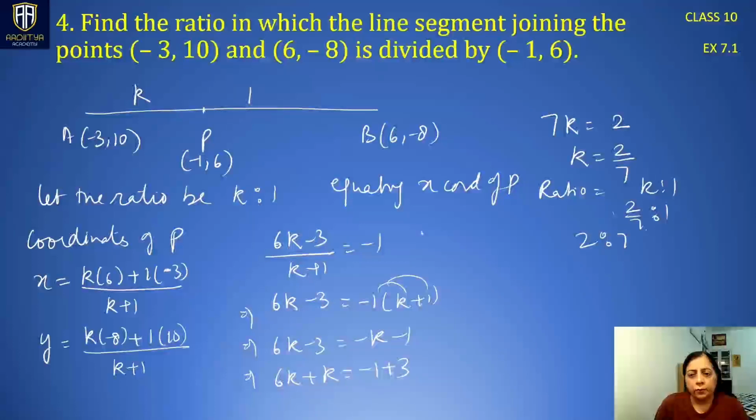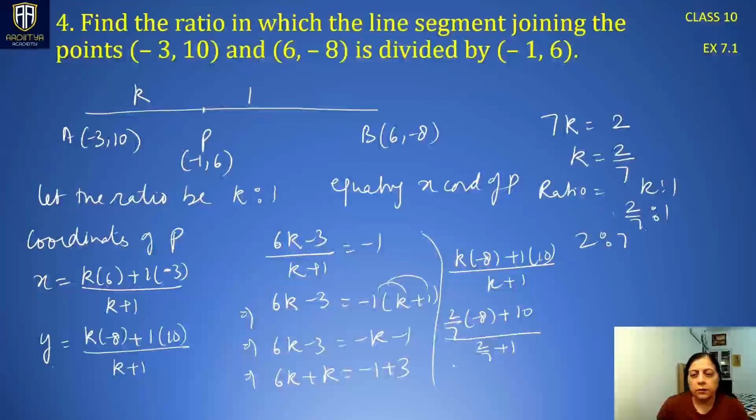We can confirm it by putting the value of k here in y. This is k times minus 8 plus 1 times 10 over k plus 1. K is 2 by 7 multiplied by minus 8 plus 10 upon 2 by 7 plus 1.